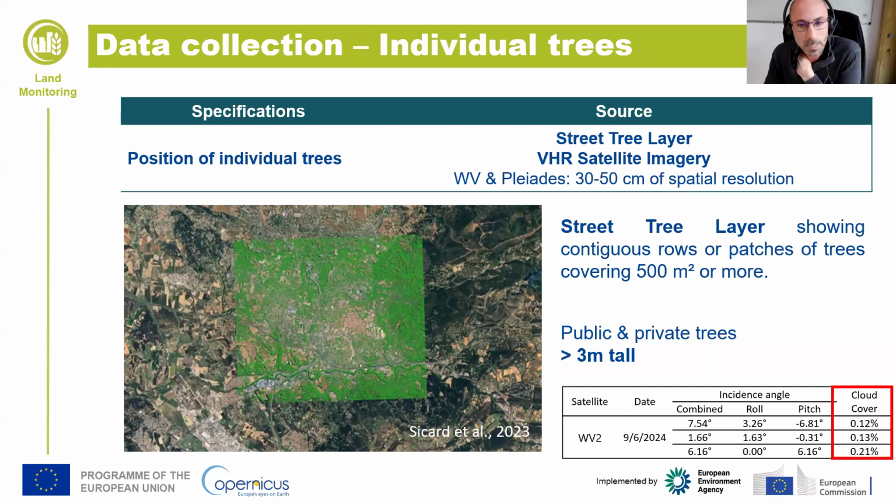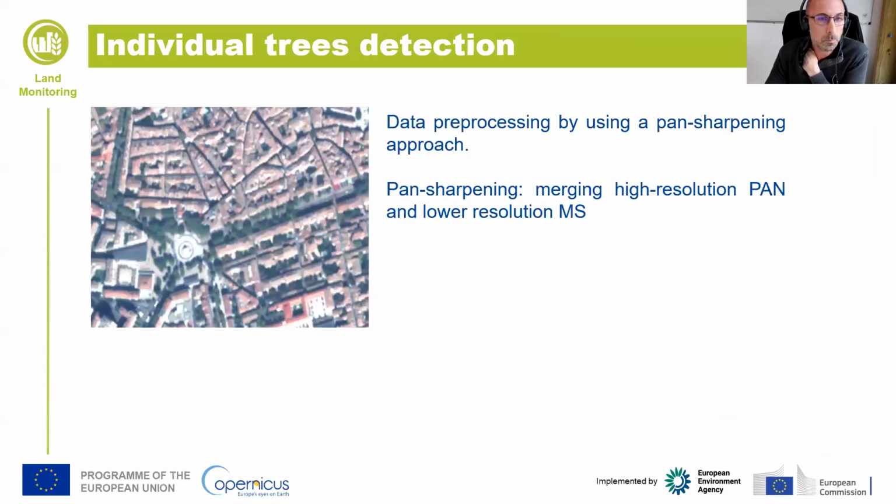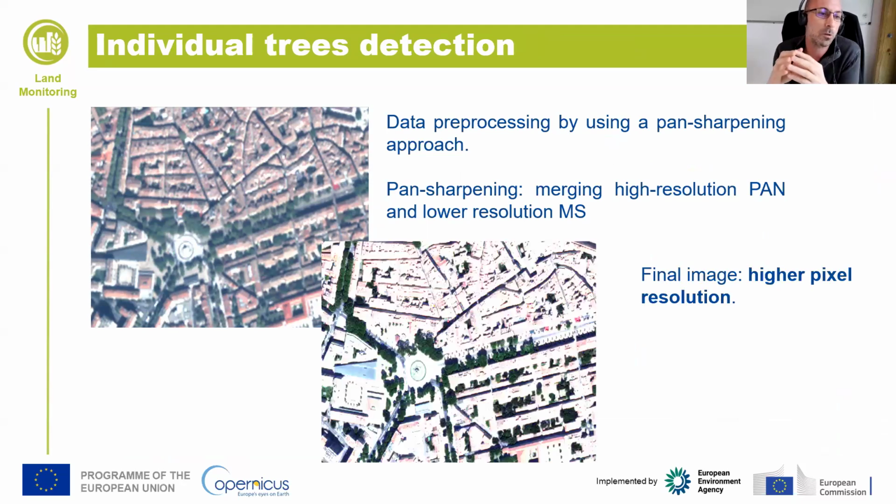Very important, we have to select satellite imagery with a very low percentage of cloud cover. So the first step, if we use the very high resolution satellite imagery, is pre-processing to apply the pan-sharpening approach. Pan-sharpening is to merge high resolution panchromatic and lower resolution multispectral imagery in order to obtain a higher pixel resolution.